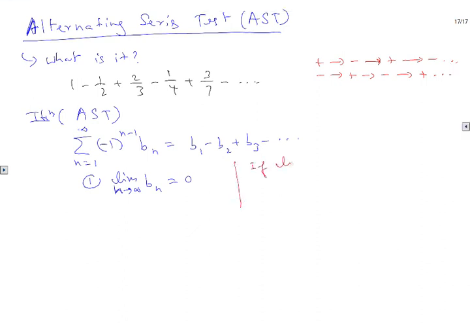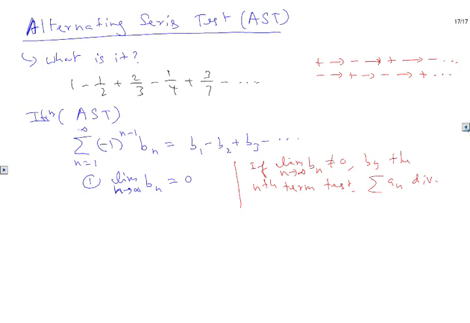If the limit as n goes to infinity of b_n is not equal to 0, then we don't need this test. We use the nth term test, and by the nth term test that we did earlier, the series diverges. Everything is over.